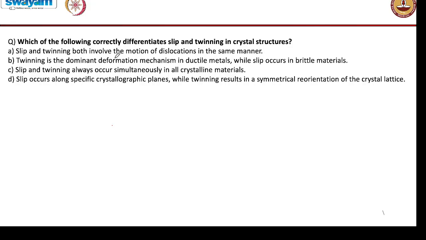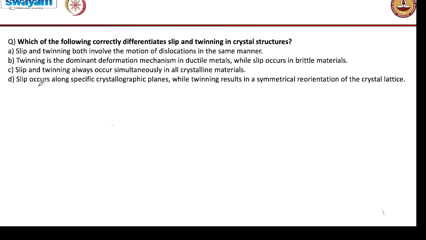The next question: which one of the following correctly differentiates slip and twinning in crystal structure? Just now we studied slip in crystal structures. Try to answer this, it is easy. One: slip and twinning both involve the motion of dislocations in the same manner. Two: twinning is the dominant deformation mechanism in ductile metals, while slip occurs in brittle materials. Three: slip and twinning always occur simultaneously in all crystalline materials.